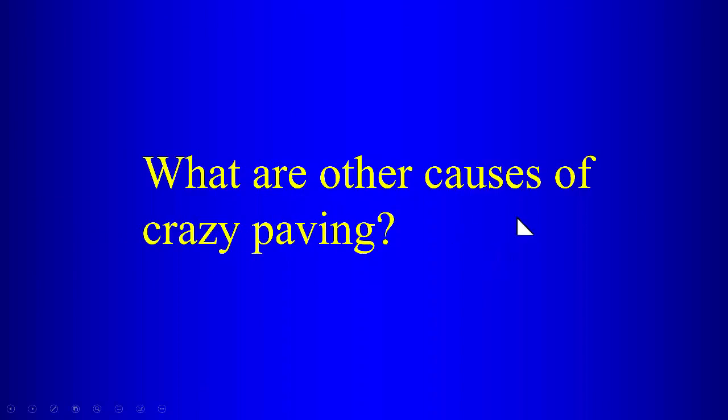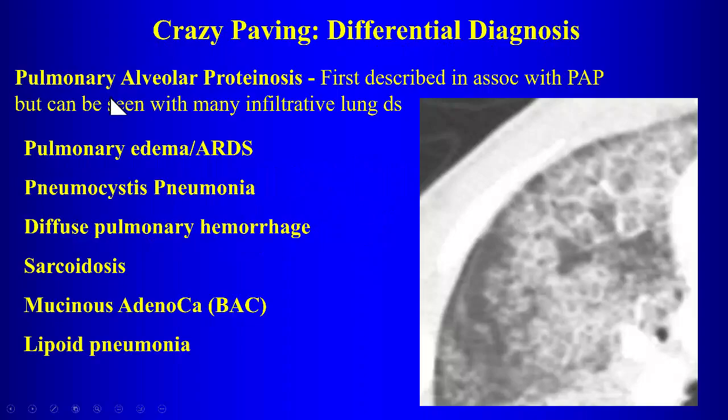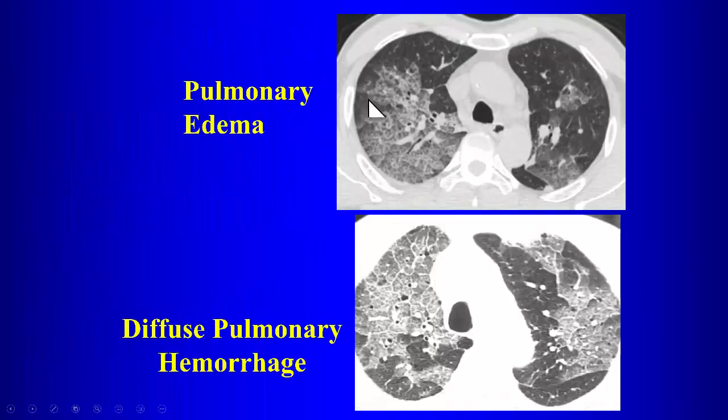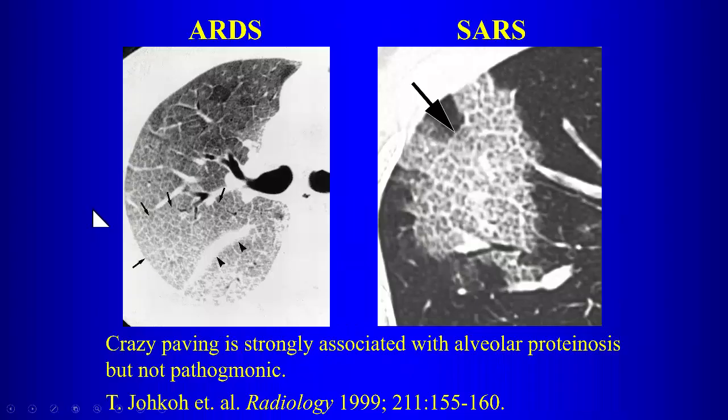Pulmonary edema. Sure, pulmonary edema, pneumocystis, diffuse pulmonary hemorrhage, sarcoid, mucin-producing adenocarcinoma, lipoid pneumonia, all of these can give you crazy paving. Here's an example, pulmonary edema, crazy paving. Diffuse pulmonary hemorrhage, crazy paving. ARDS, crazy paving.